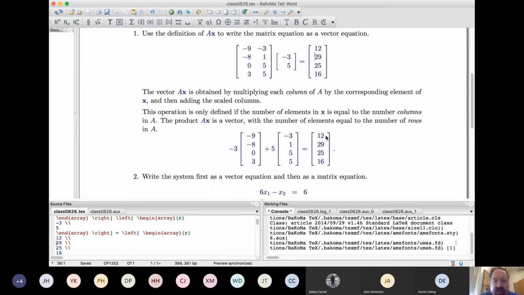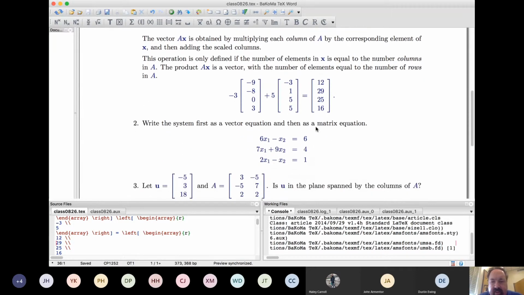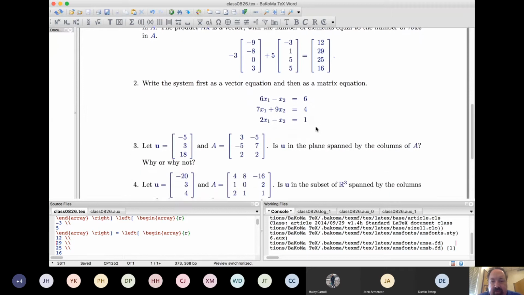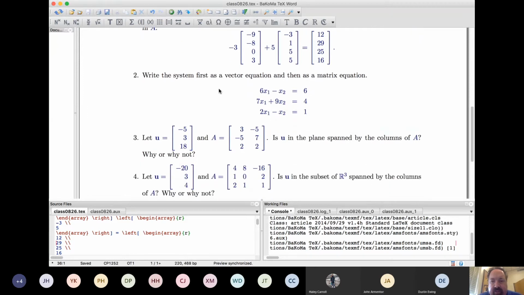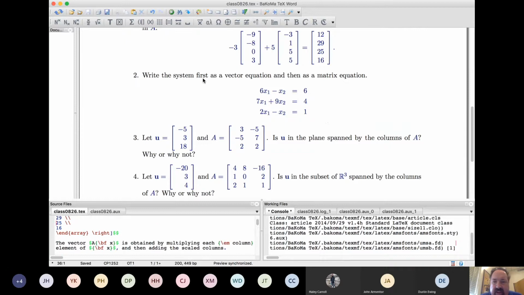Now, here we go one step further, and we have a system of equations first, and we want to get all the way to a matrix equation. I'll show you this in stages, but then how to jump directly to a matrix equation.